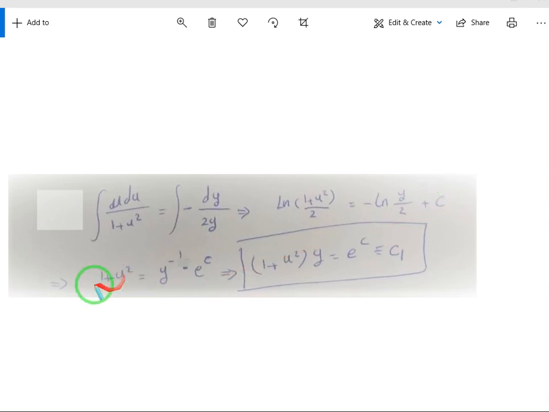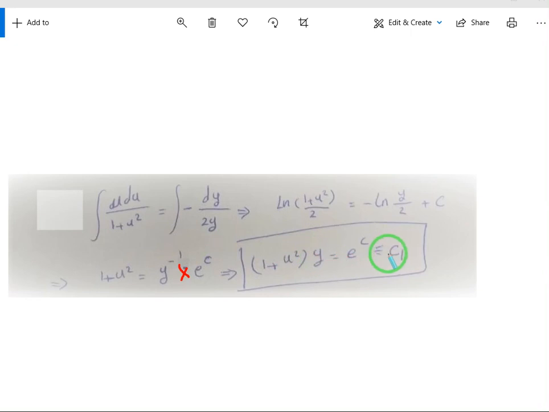If I take the exponential of this equation, I can easily show that 1 plus u squared is equal to y to the power of minus 1 multiplied by e to the power of c. I name this parameter c1. I can say that 1 plus u squared, all of them multiplied by y, is equal to c1.